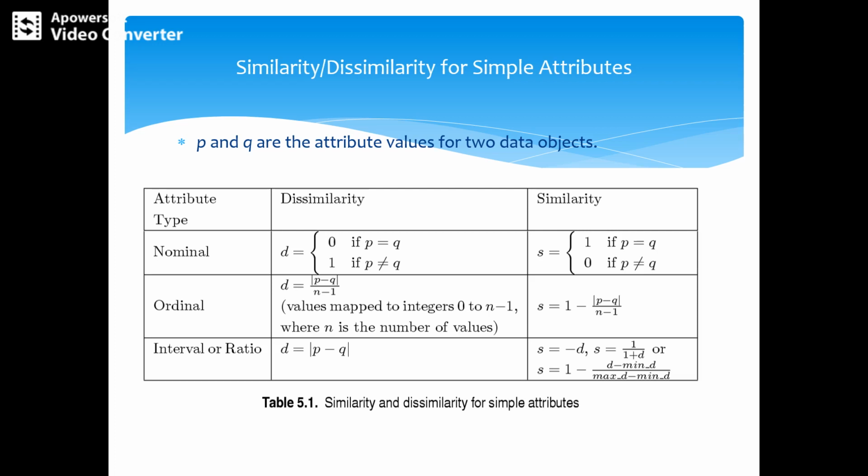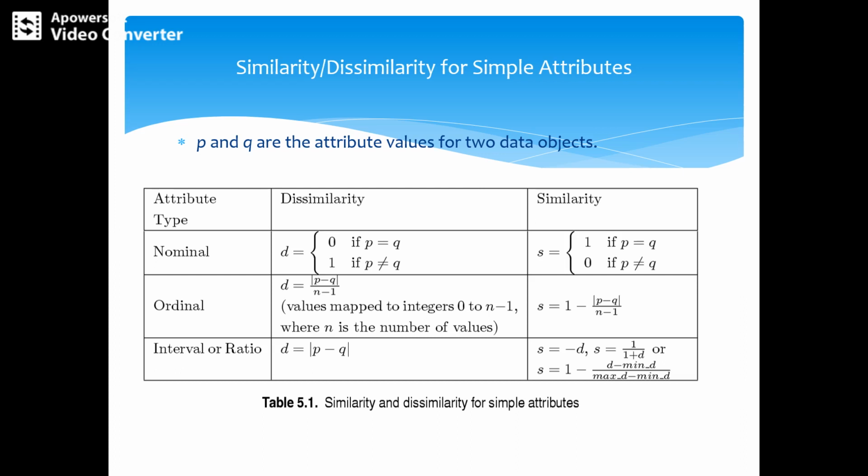So now, we need to have similarity or dissimilarity for a simple attribute. Actually, we know that the proximity of objects with a number of attributes is typically defined by combining the proximities of individual attributes.